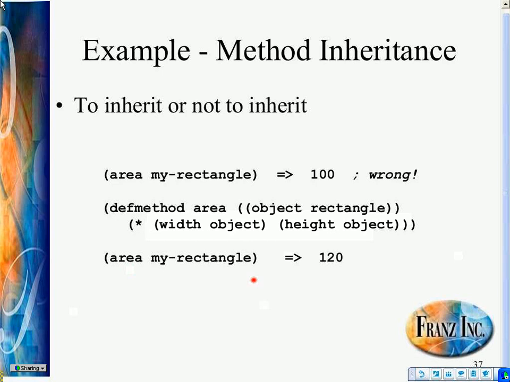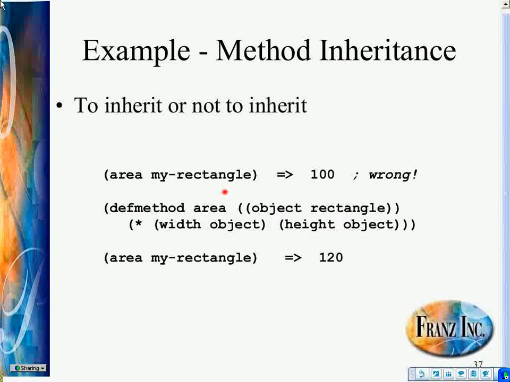But the reason that we've made rectangle a subclass of square is that rectangle is the one with the additional slot. It needs a width and height slot, while square just needs a width slot. So the easiest way to define it as far as Common Lisp and CLOS is concerned is to have the superclass be square and the subclass be rectangle, because you want your subclass to be the one with the additional slots. Things get a little complicated otherwise.